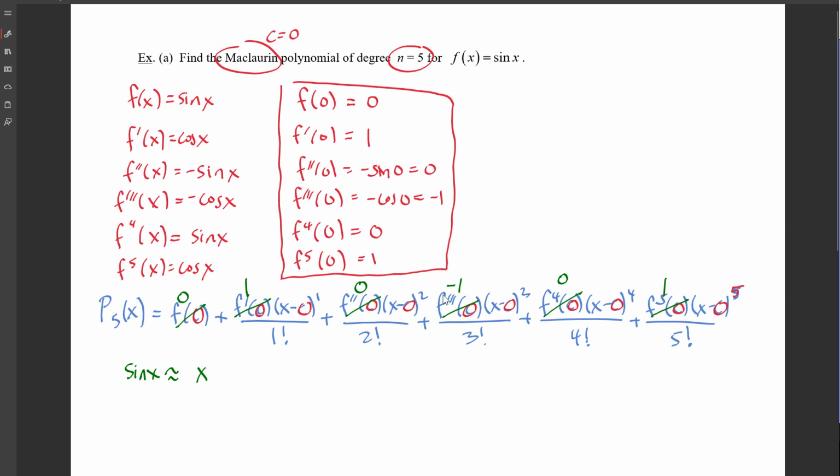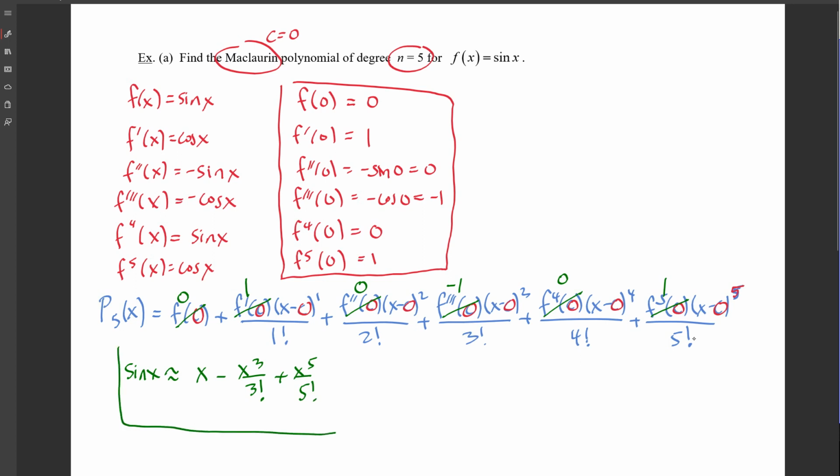And then plus -1 times x to the third power over 3 factorial, minus x third over 3 factorial. This fourth term here is 0 times all of this, so this will be 0. The fifth term here is going to be plus x to the fifth over 5 factorial.